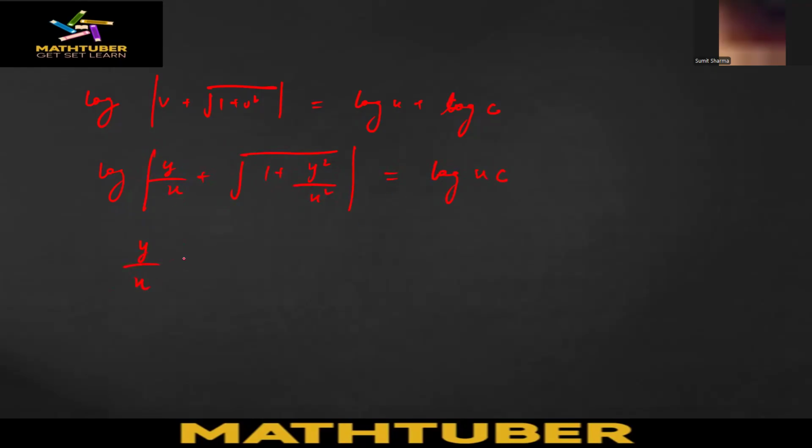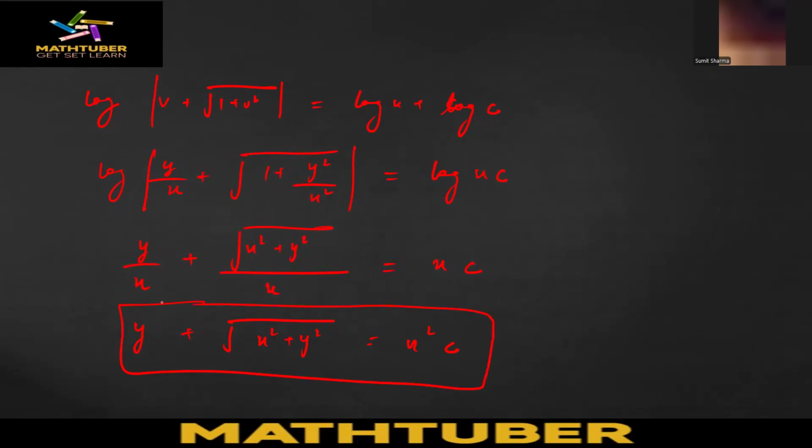You will get y upon x plus under root of x square plus y square upon x is equal to xc. And multiply the whole equation by x. So you'll get x square into c. And this will be the final equation, right? So this is how we can do the question.